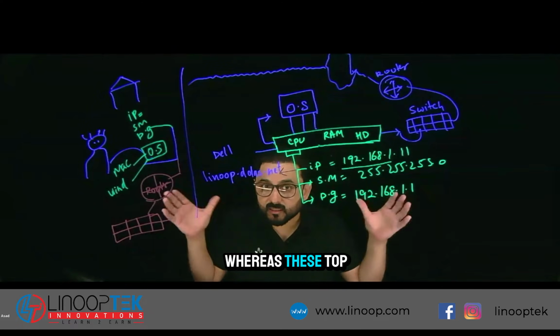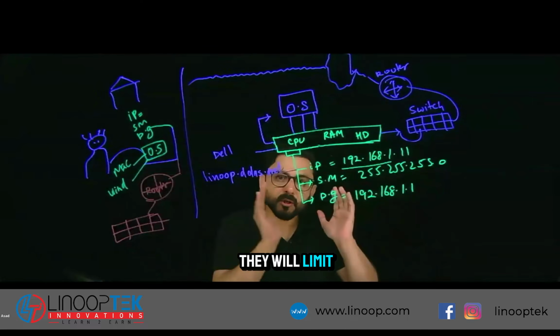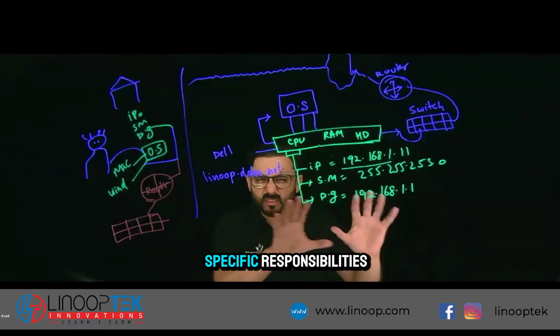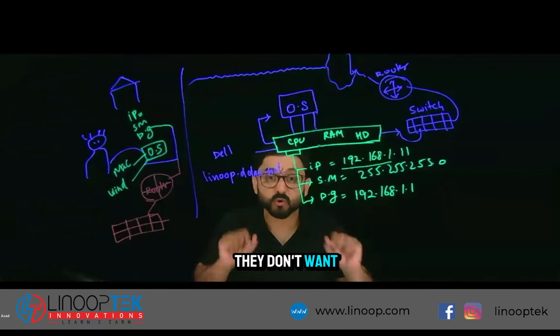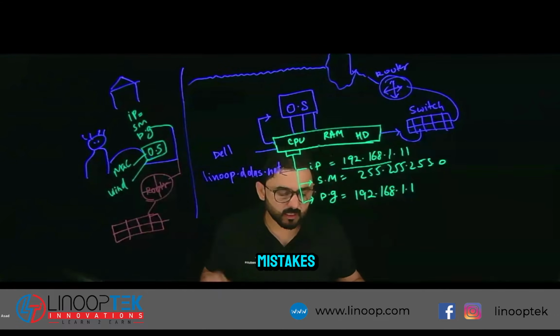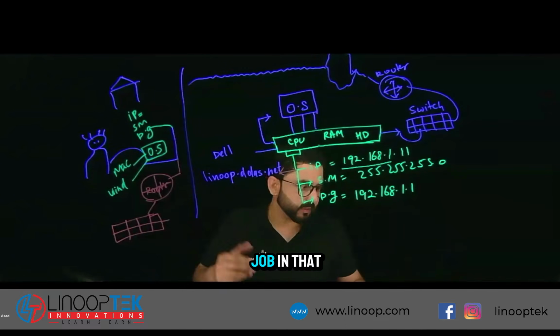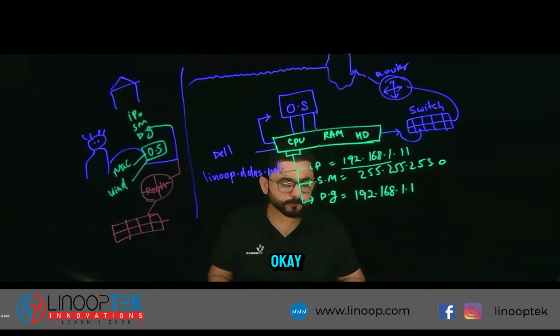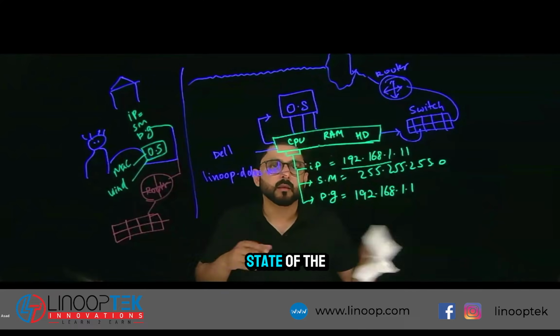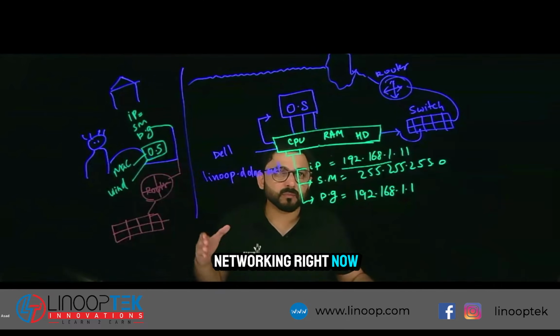Whereas these top-notch companies will limit you to specific tasks and responsibilities. They don't want you to make errors or mistakes. So we are going to aim for Fortune 100 companies, and it's doable. This is our state of the networking right now.